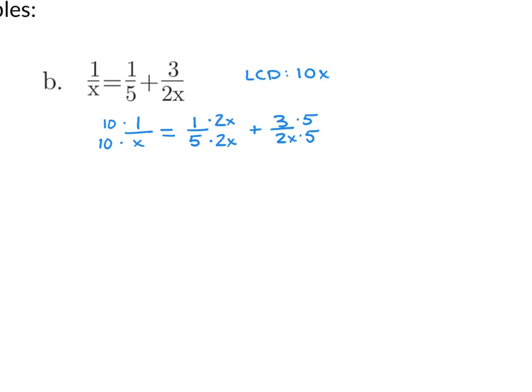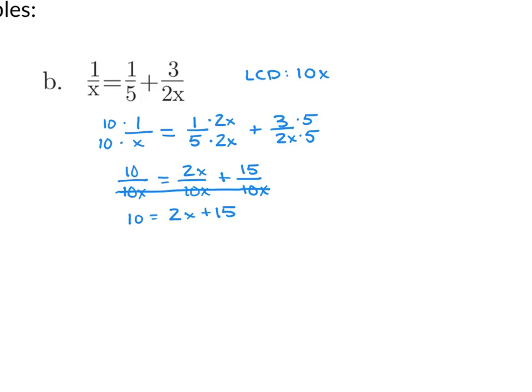Okay, so if we do this, what do we end up with? We end up with 10 over 10x equals 2x over 10x plus 15 over 10x. We can cancel our denominators, and our resulting equation is 10 equals 2x plus 15.